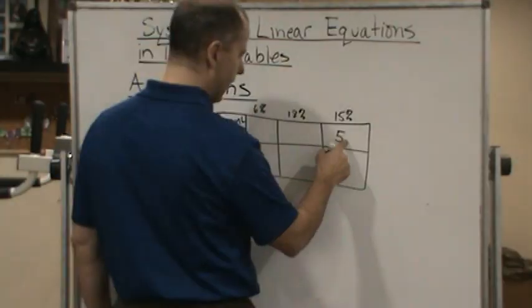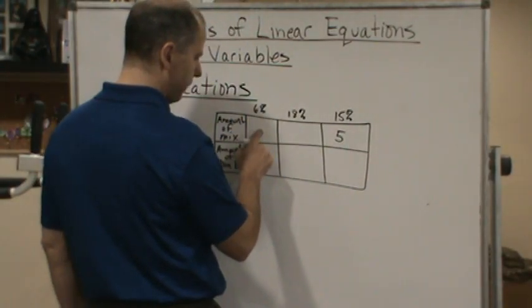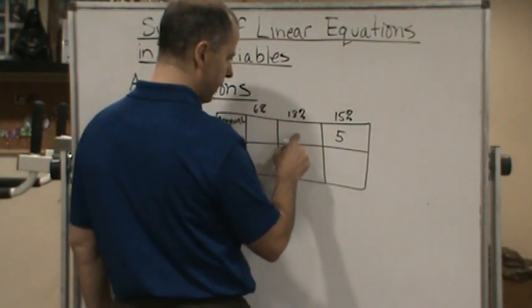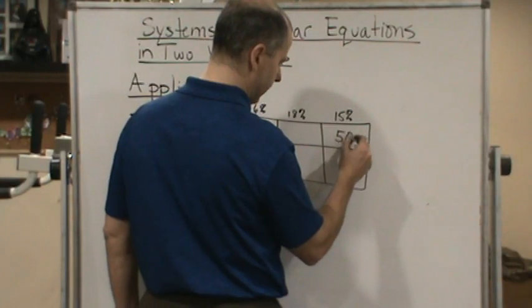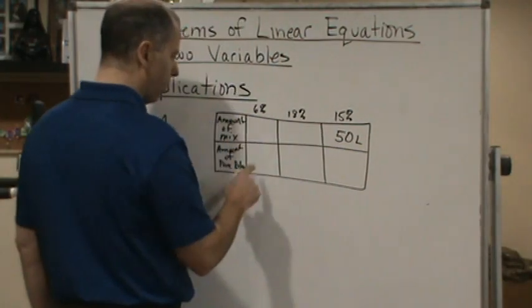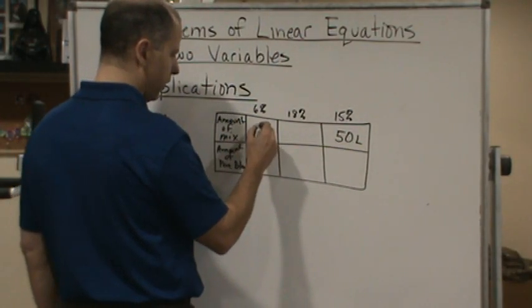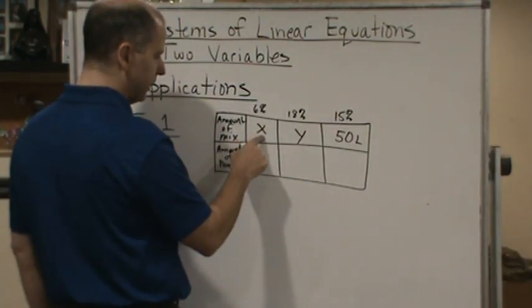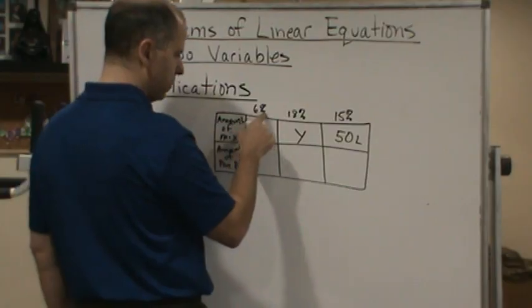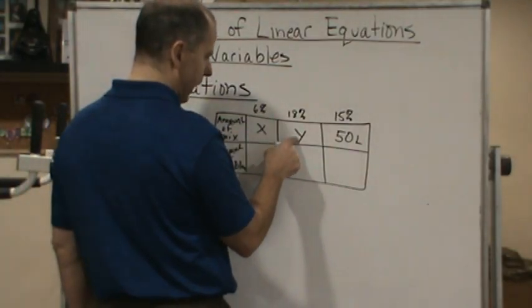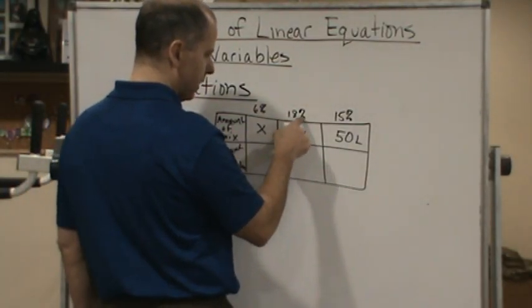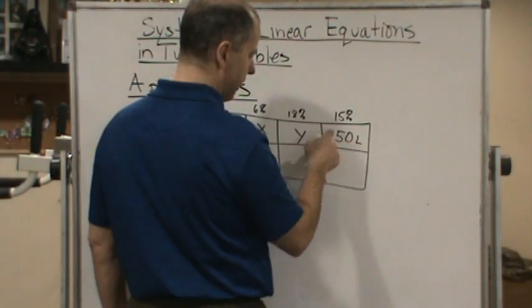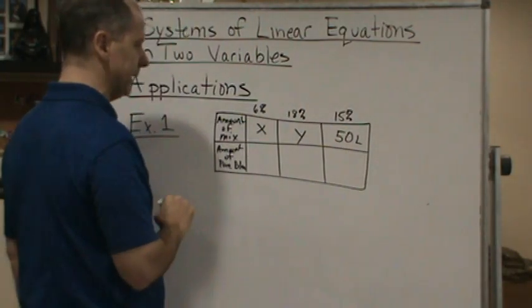A certain amount of this plus a certain amount of this has to equal 50 liters, right? We don't know the amounts, so those are the unknowns. We're going to use X and Y for those. So we need X liters of the 6% solution plus Y liters of the 18% solution, and when we add them, they have to add up to 50 liters.